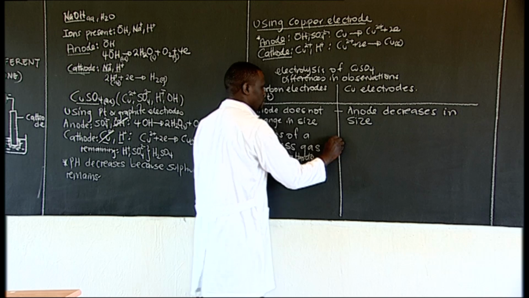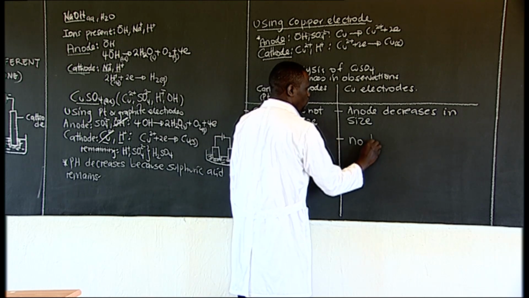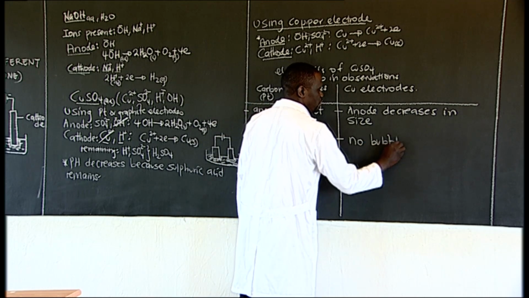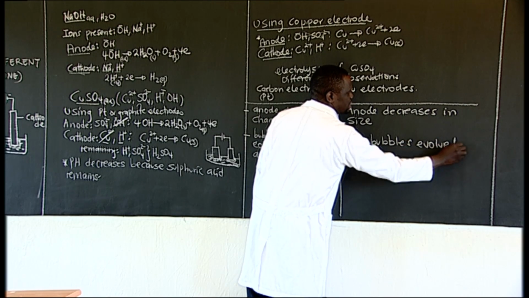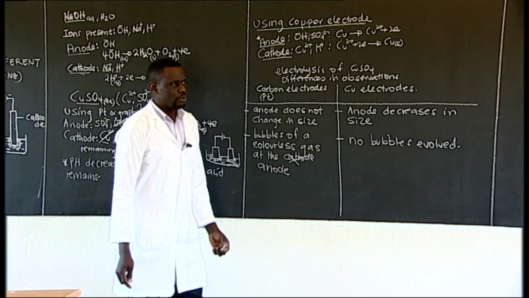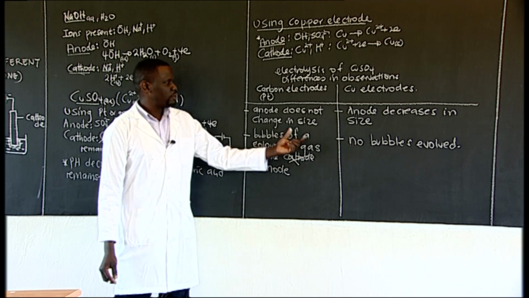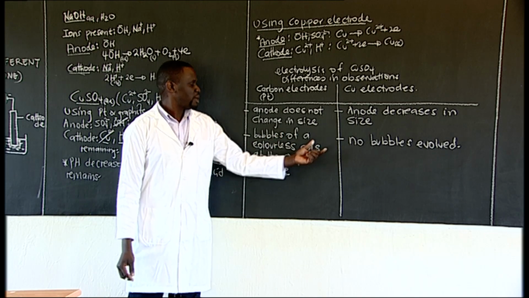Then here, no bubbles evolved. So you see the difference: copper electrode, no bubbles, because the anode breaks down; here, bubbles.